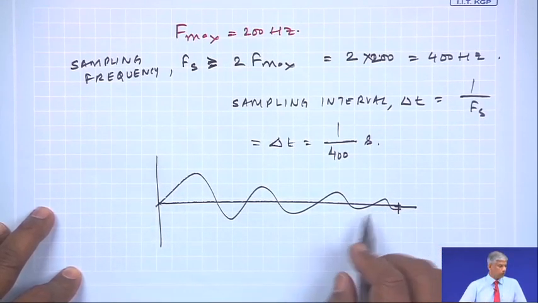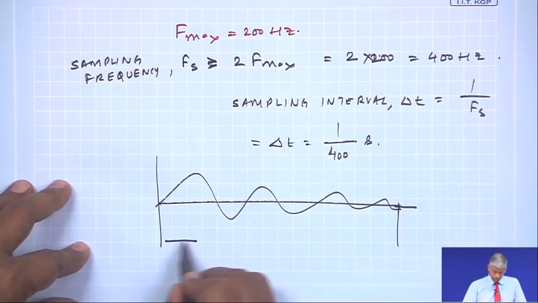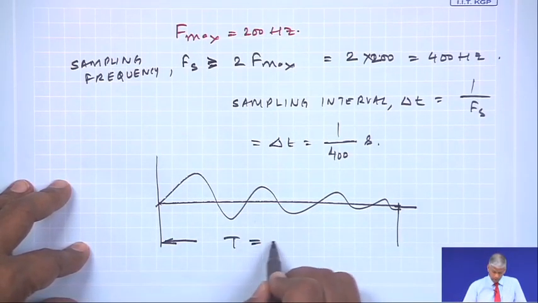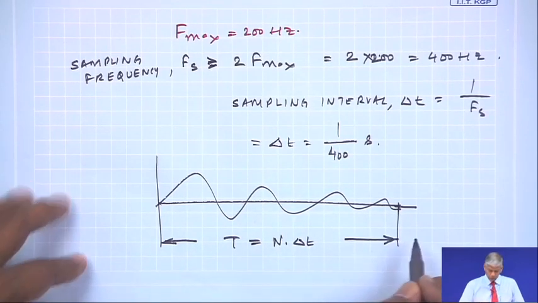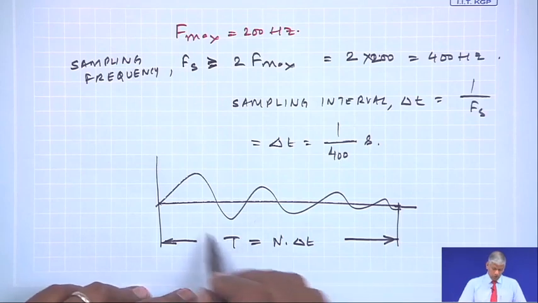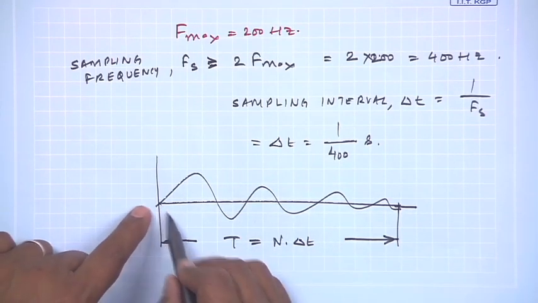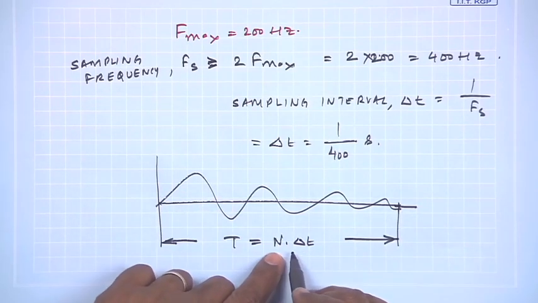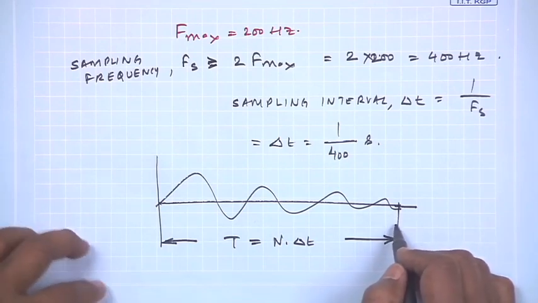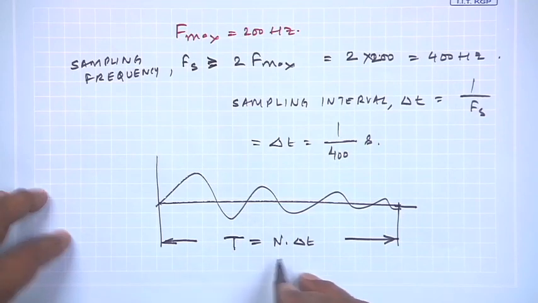So, the question is how many data points I require. So, the total time is nothing but n times delta t. Sometimes there is a relationship whether I am considering n as 1 here or n as 0 here, so accordingly this will be n or n minus 1. So, keeping that aside, this is my total time.